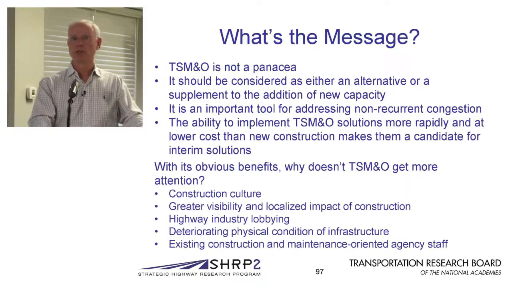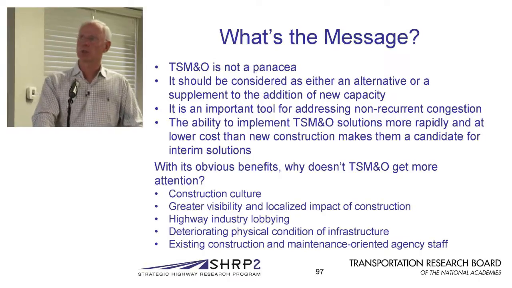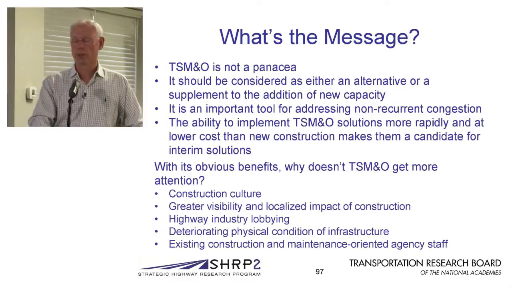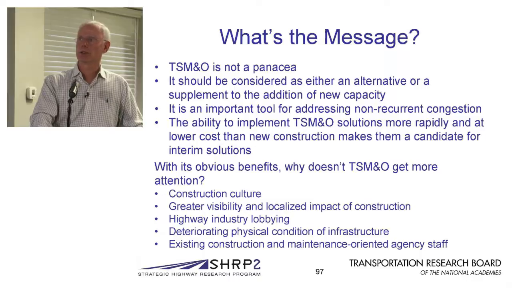The overall message is that TSM&O is not a panacea. It's very important, but it's certainly not a panacea. It's not going to solve every problem, but it is important to do it and to do it in a programmatic way. It could be considered as an alternative, but more importantly, it's a way of managing whatever capacity is out there, especially dealing with the non-recurrent problem.